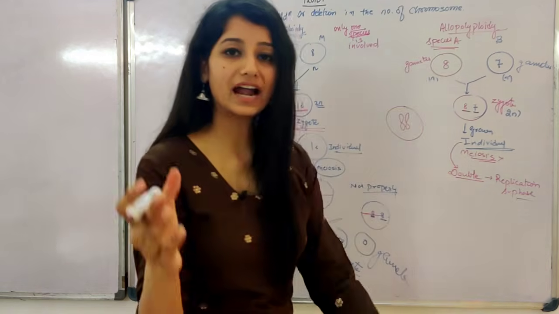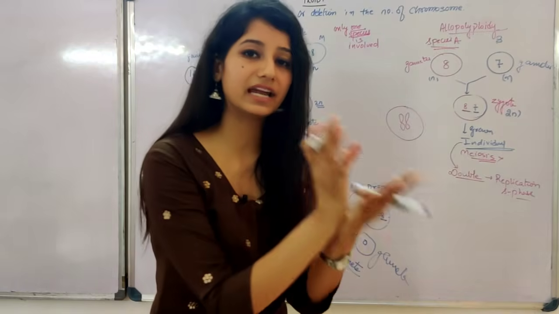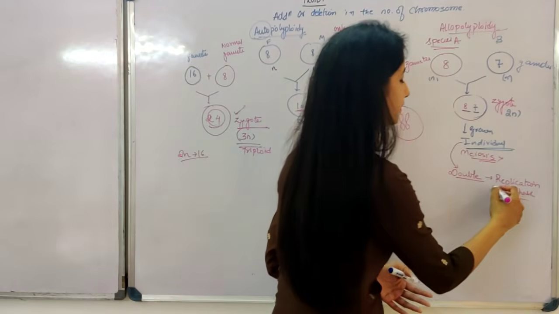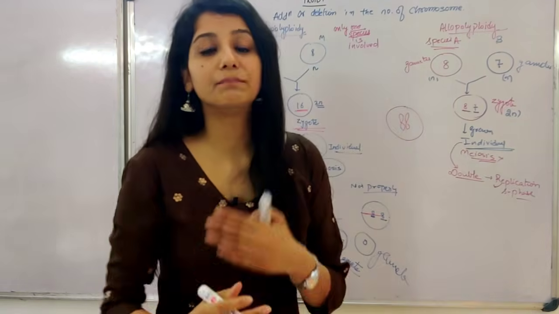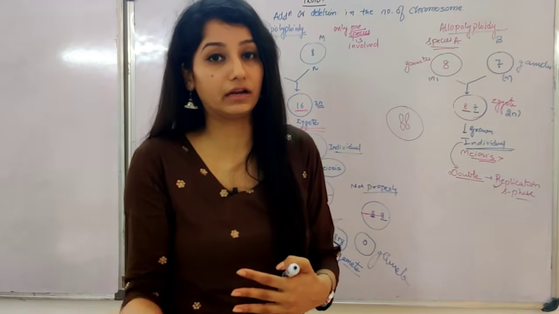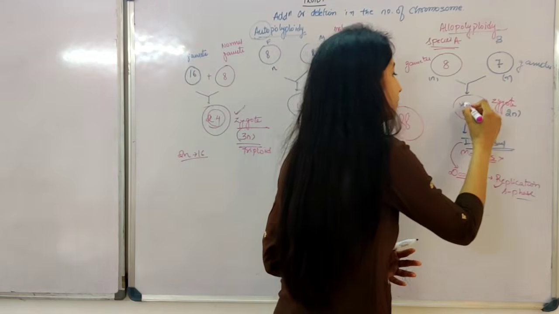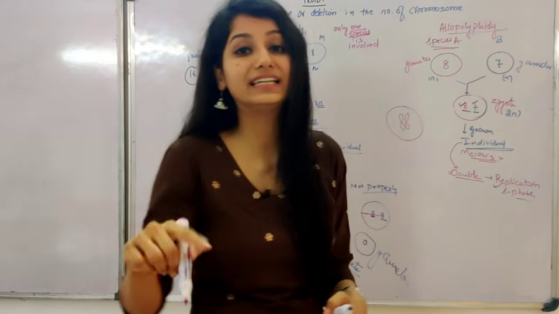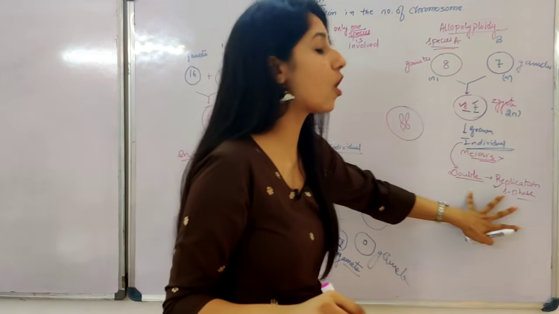You must know that before meiosis there is an interphase in which S phase occurs, where replication of DNA occurs and the chromosomes double. So these chromosomes will double up so that meiosis can occur.